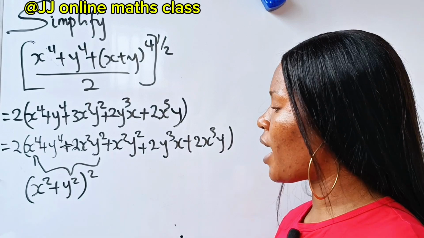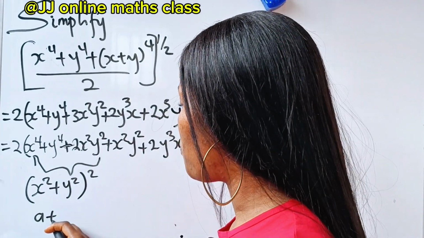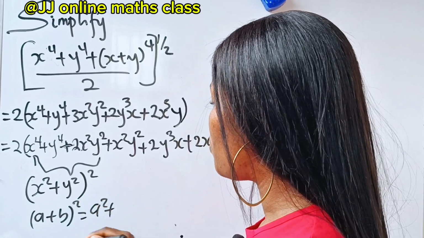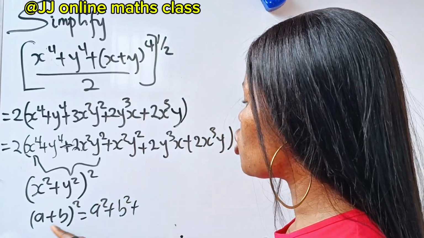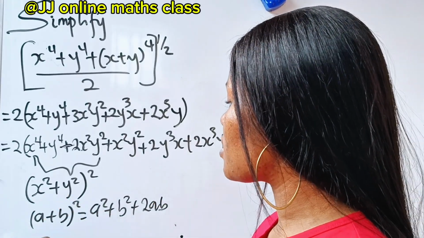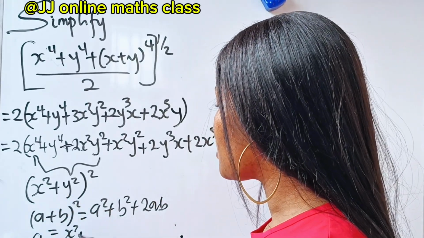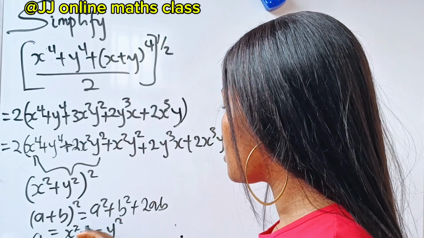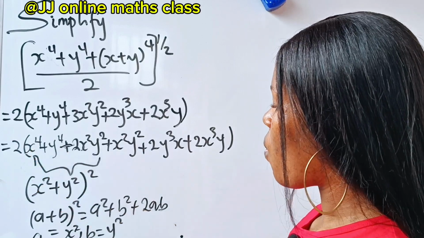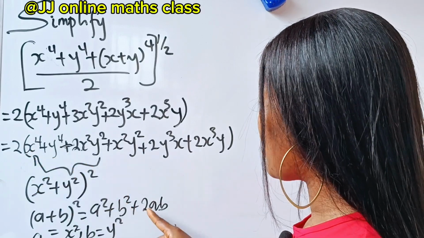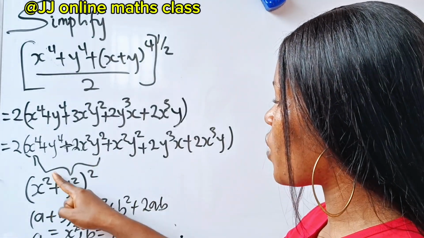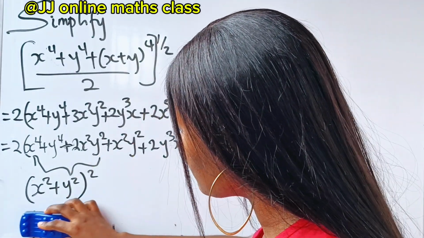Because if we have a plus b all squared, this is same thing as a squared plus b squared plus 2ab. Now in our case, our a is x squared and our b is y squared. So we have x squared squared, y squared squared, then 2 multiplied by x squared y squared. So definitely the whole of this is x squared plus y squared all squared.